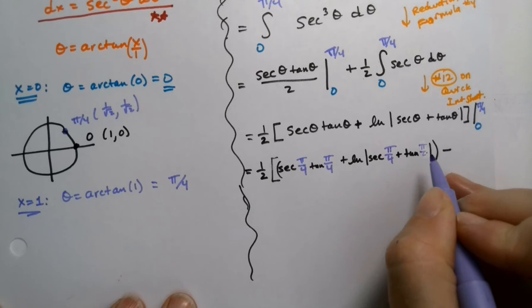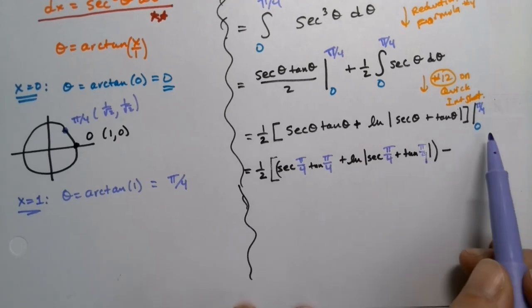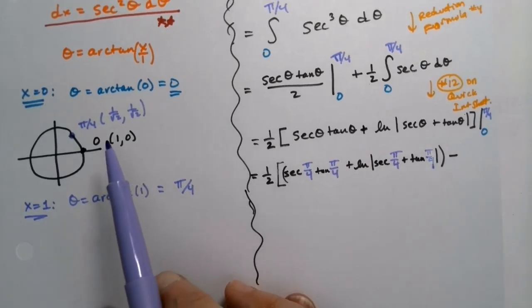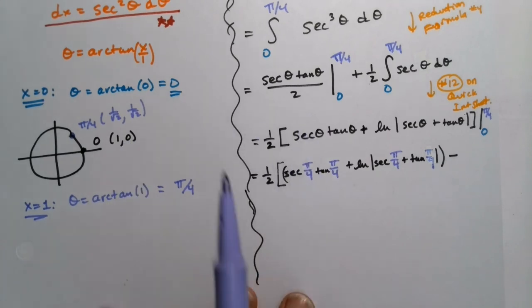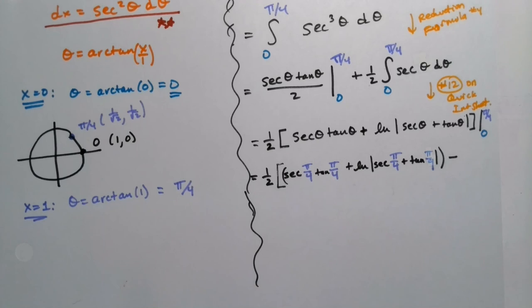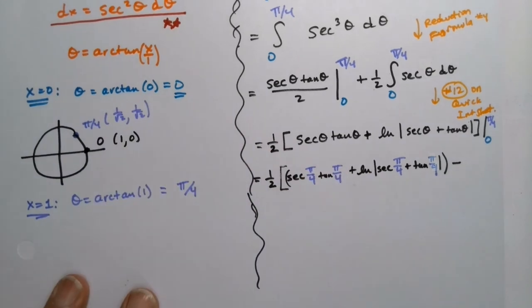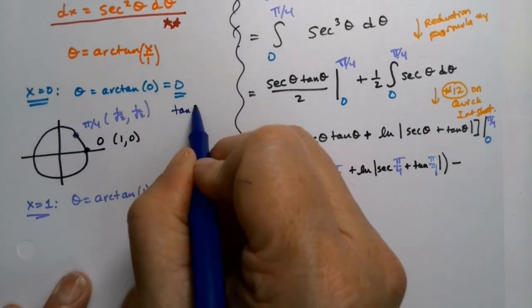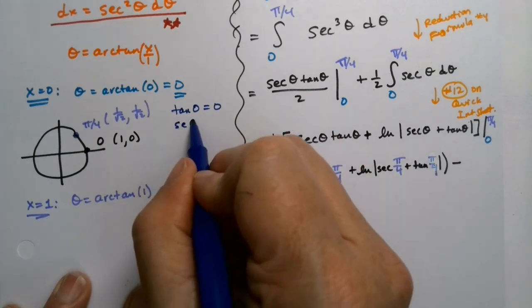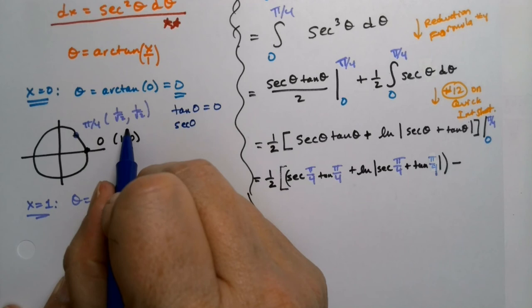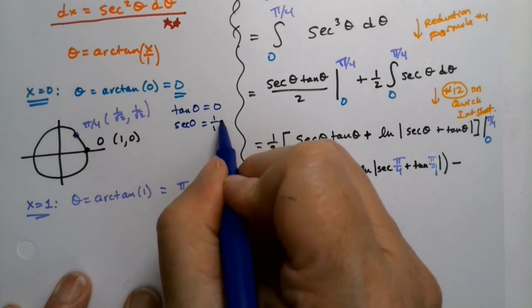Right? What about 0? Well, we just said the tangent of 0 is 0, right? So let me put that in over here. So note, the tangent of 0 is 0. And then for the record, the secant of 0 is 1 over the cosine, so that's 1 over 1, which is 1.